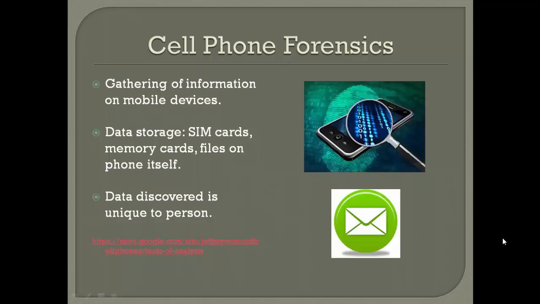Cell phone forensics is the gathering of data on a mobile device for investigative purposes. Most of this data is found on either removable and internal memory on the phone. For instance, a SIM and memory card is removable, while files are internally in the phone and contain valuable data.